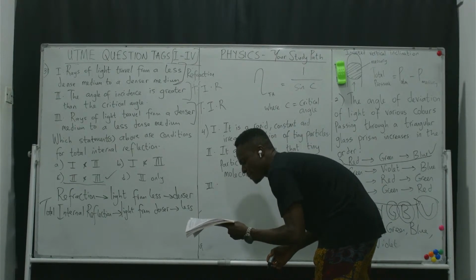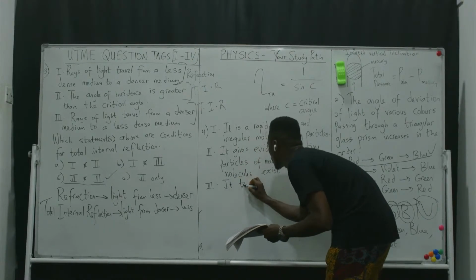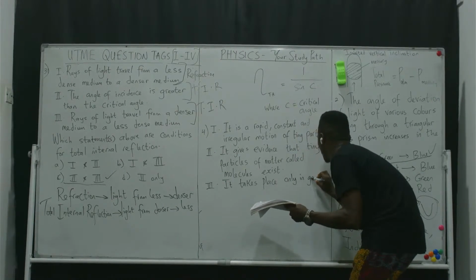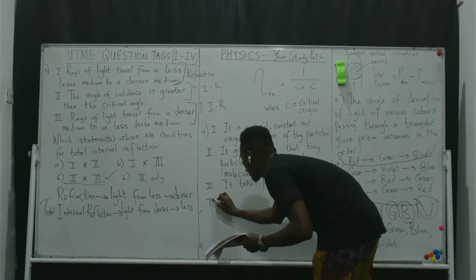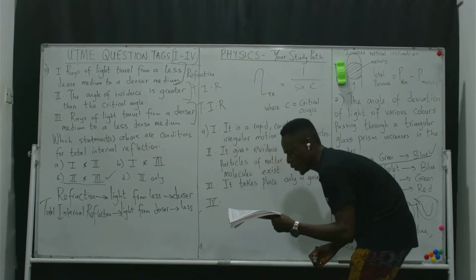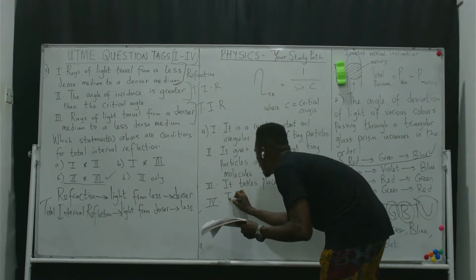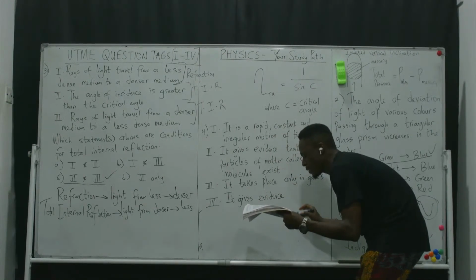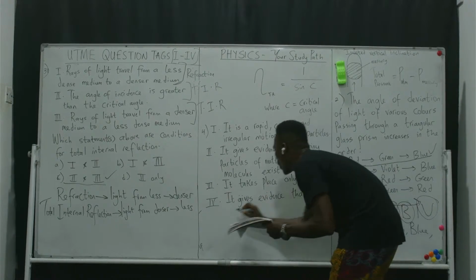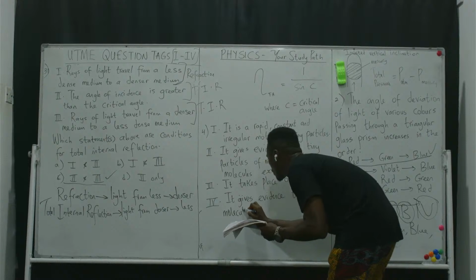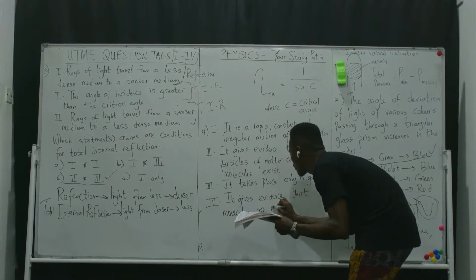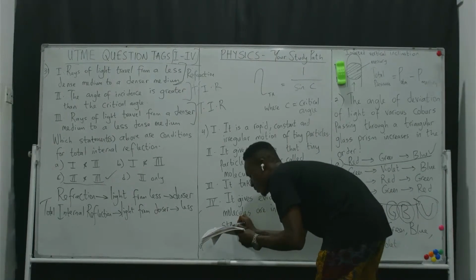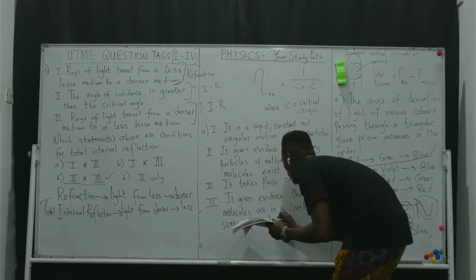III says it takes place only in gases. And number 4, it gives evidence that molecules are in a constant state of random motion.